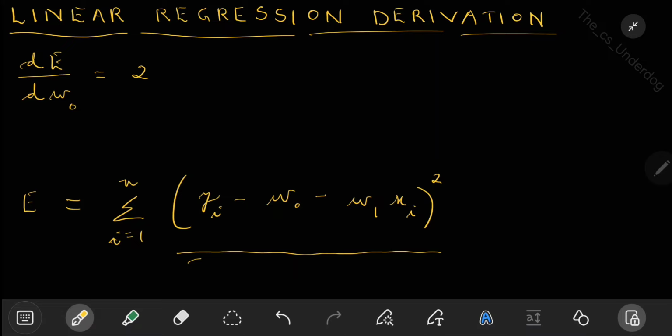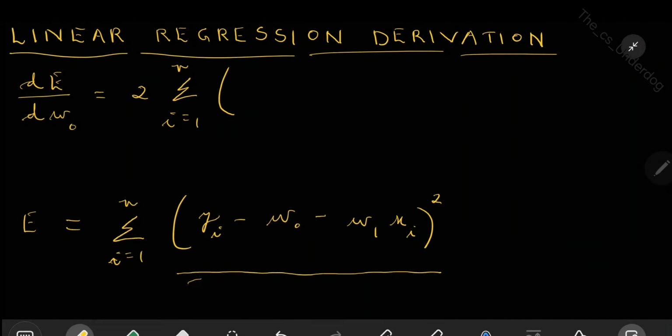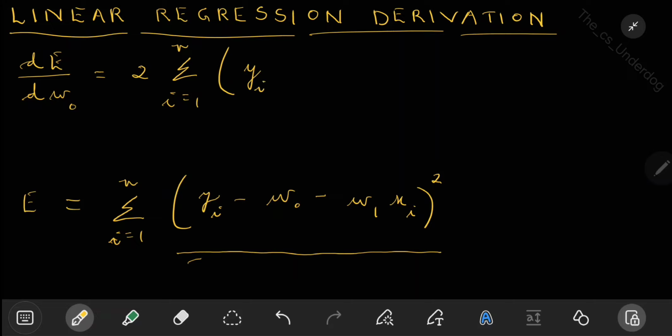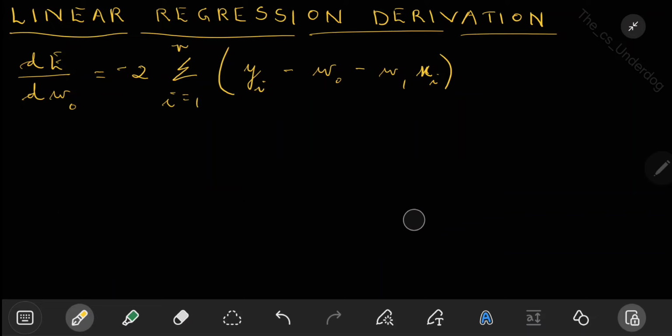So 2 times sigma i equal to 1 to n of (yi minus W0 minus W1 xi) into what is remaining? The derivative of W0: this is minus W0, so the derivative will be minus 1. So I'm adding that minus here, okay?